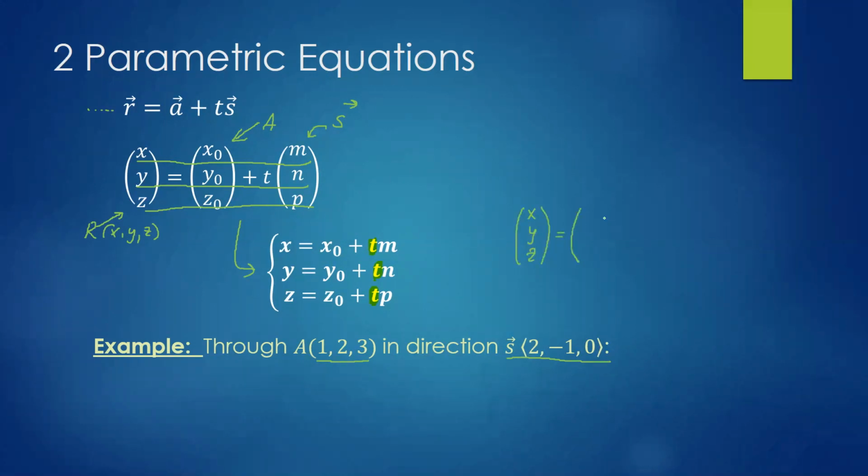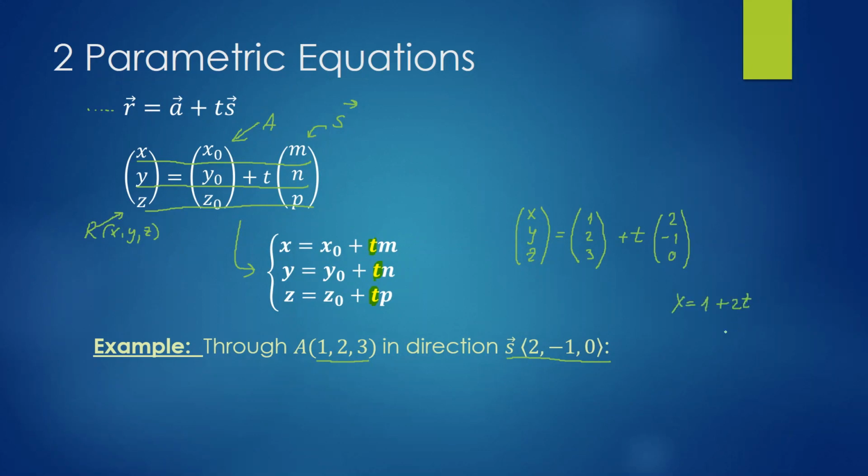It passes through the point (1, 2, 3). Remember that the coordinates of the point given are the first, then plus some parameter t times the direction vector (2, -1, 0). Or if we want to write it in the parametric form, x is 1 plus 2t.